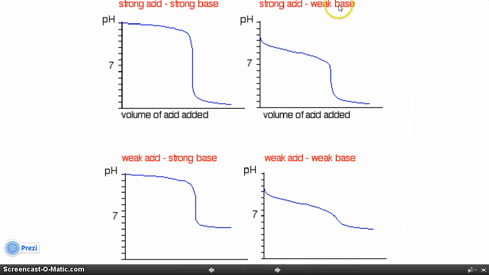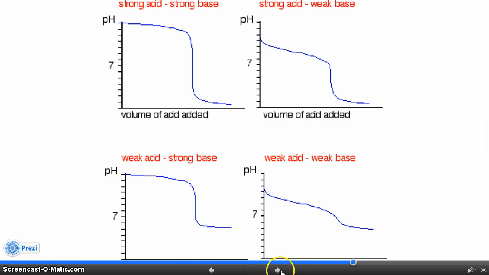A strong acid with a weak base, the pH would be low. A weak acid and a strong base, the pH would be over 7. A weak acid and a weak base, you can see that the pH is around 7.